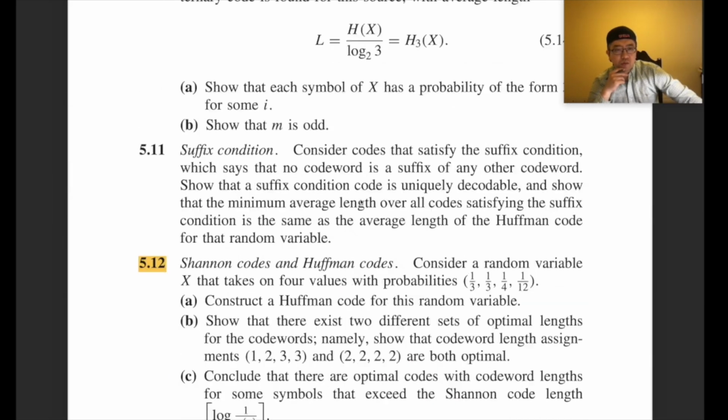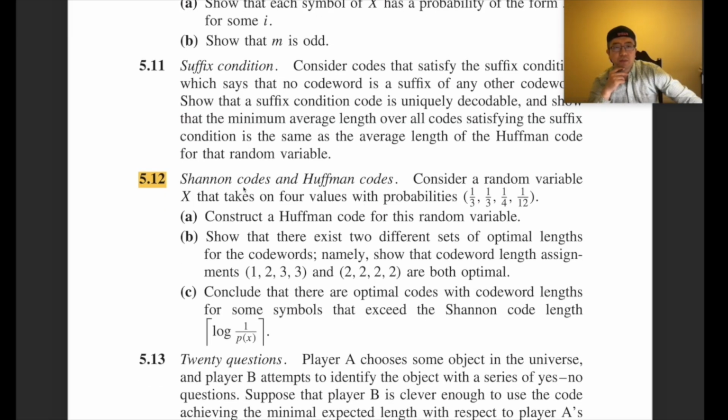Let's see the next question, which is question 5.12. In this question, we're going to compare the Shannon codes and the Huffman codes. Consider a random variable X that has 4 values, and here is the PMF. The first part asks us to construct a Huffman code.